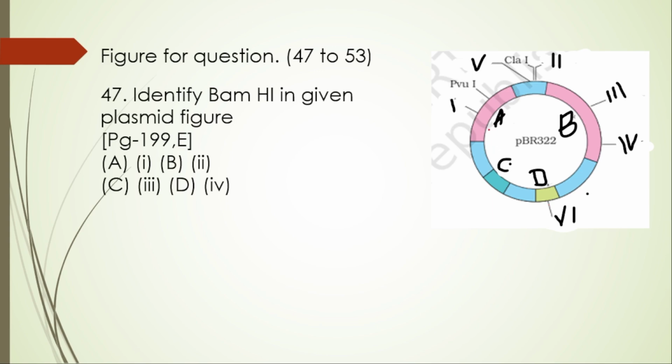A is the ampicillin resistant gene, B is the tetracycline resistant gene, E is ori, that is origin of replication, and D is ROP, which codes for the protein involved in the replication. So here he is asking about BamHI, so we will go with option C.